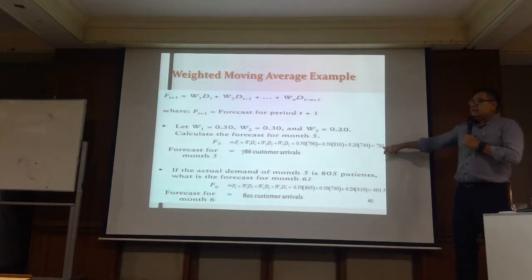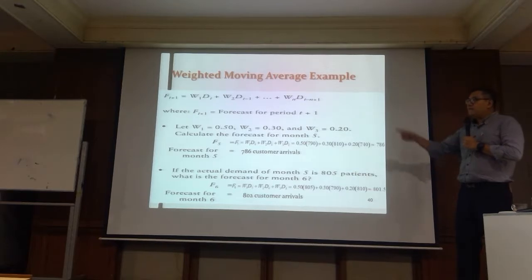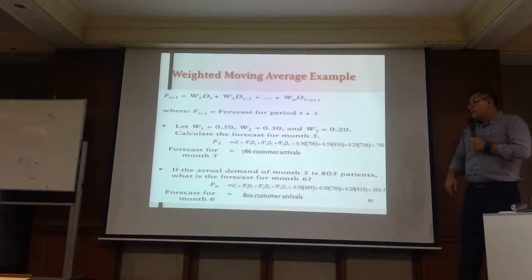So you have 786. This is the forecast for month number 5 using the weights 0.5, 0.3, 0.2.